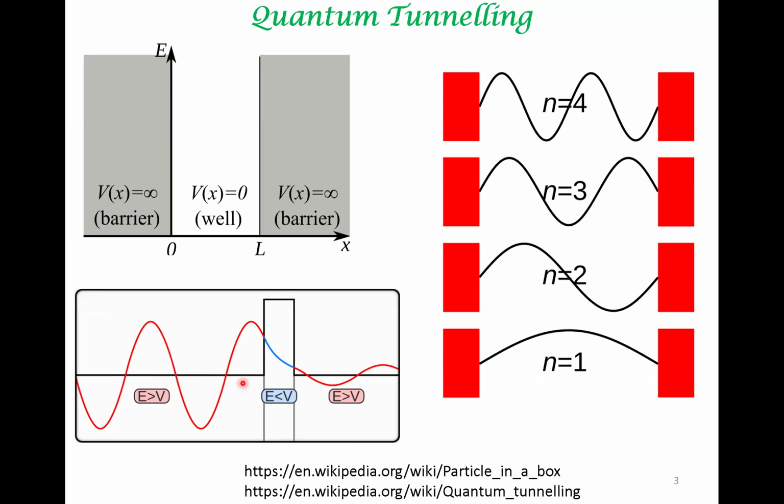In classical mechanics, if the energy, typically thinking about kinetic energy, is less than the potential energy, there is no way the particle can cross the activation barrier. As opposed to that, in quantum mechanics, even though the energy of the particle is less than this activation barrier, there is some finite chance for the particle to be in this region and escape into this region.